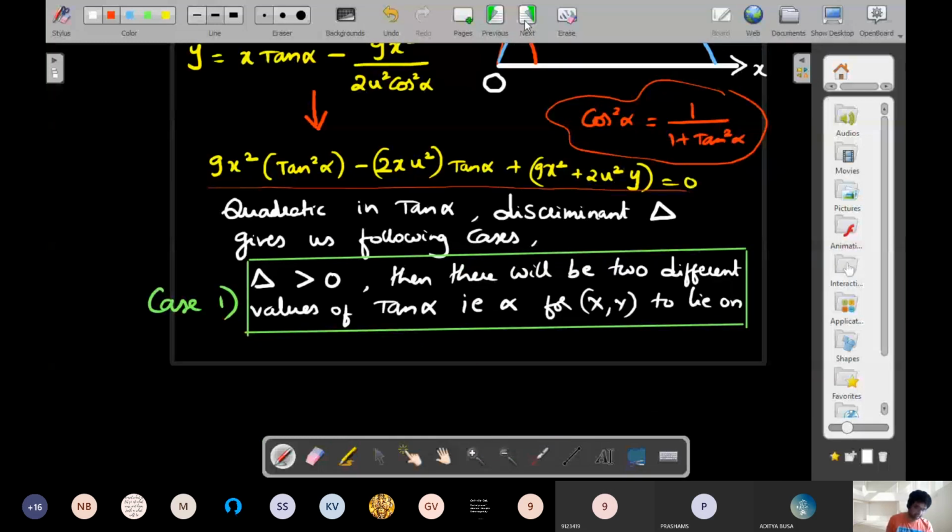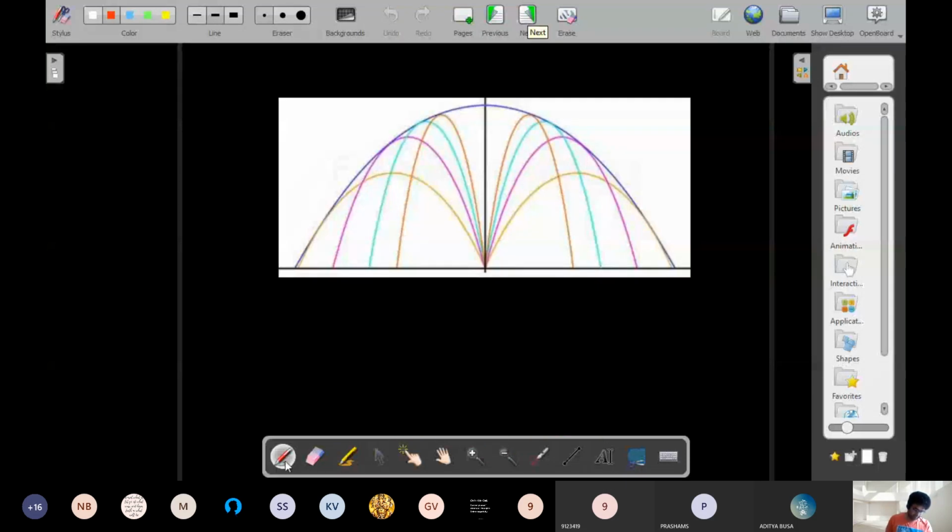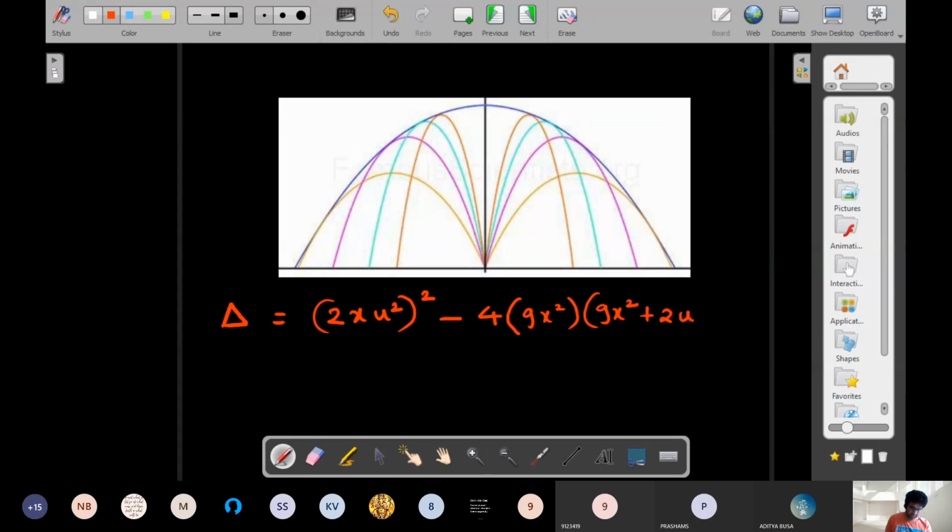The value of delta comes out to be b square minus 4ac, so (2xu square) whole square minus 4 gx square into (gx square plus 2u square y). So this is your delta.